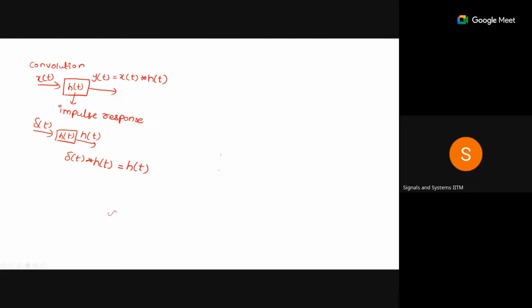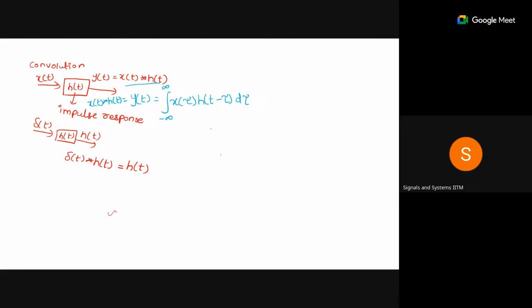I wanted to go in a flow. Since you're facing some difficulty, I just want to give the rough idea and move further. The convolution formula you have to remember: x of t convolved with h of t, which is y of t, equals the integral from minus infinity to infinity of x of tau h of t minus tau d tau.